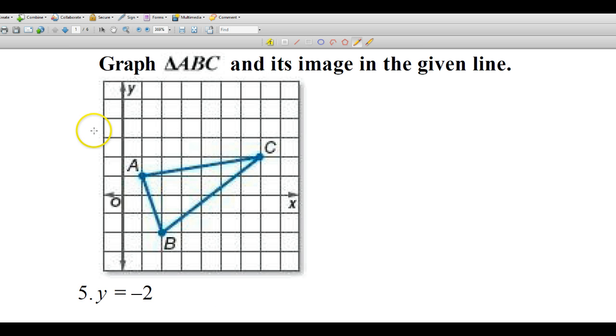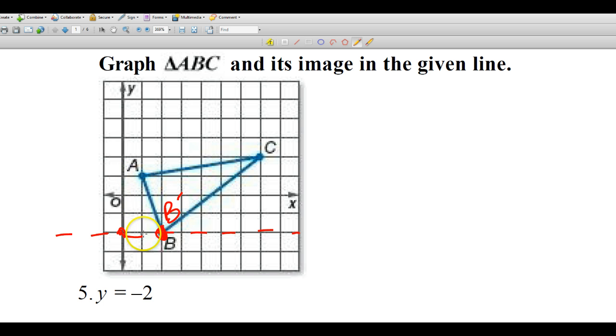Graph triangle ABC and its image in the given line. So we have triangle ABC graphed here. We have the line y equals -2. So from the origin down 2, we want to reflect our pre-image in this line. Since B is on the line of reflection, B prime will also be on the line of reflection.